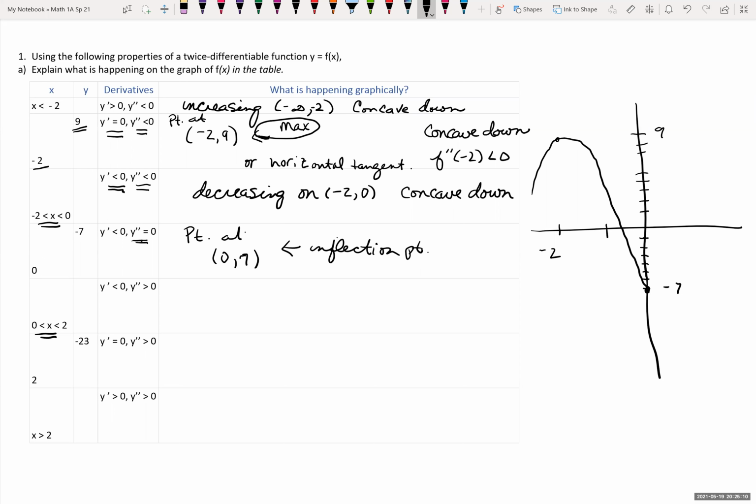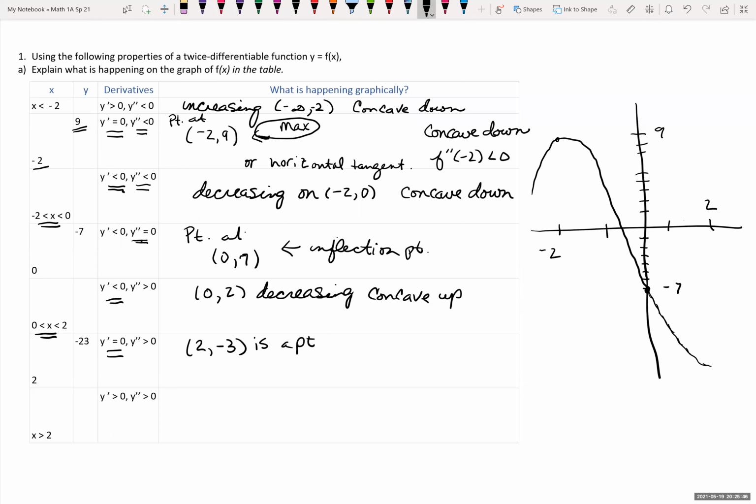From 0 to 2, it's still decreasing. And it's concave up now. And then at 2, -23, so 2, -23 is a point. First derivative is 0.